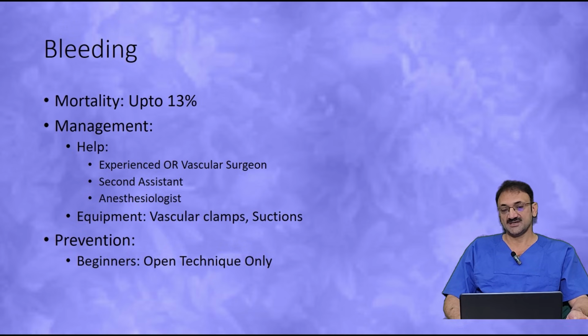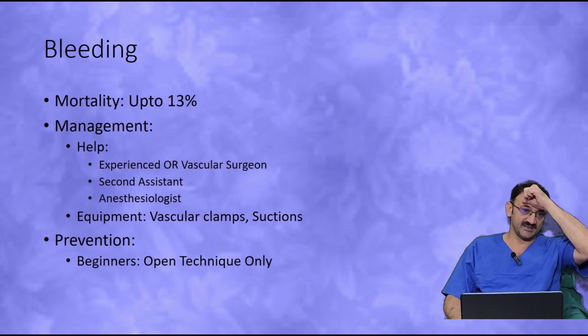As I already mentioned, prevention is the best cure, and prevention is better than even cure. For a beginner, in the first learning curve of the laparoscopic career, it is a must that he or she go for an open technique.